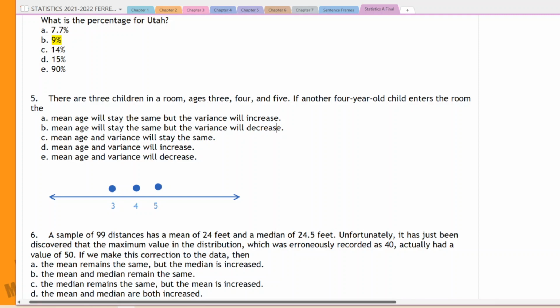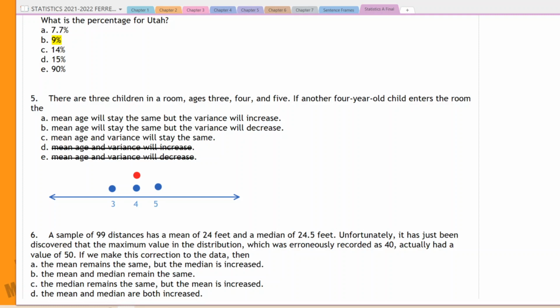So we're looking at a mean and median value of 4. So what happens is another 4-year-old child enters the room, and I'm going to put that dot in now. So we can see from the dot plot that the mean and the median are still 4, which automatically means that D and E are wrong because those indicate that the mean is going to increase or decrease. And that central value stayed the same.